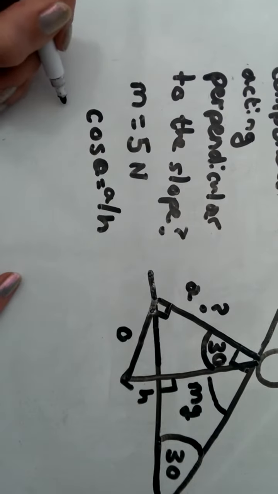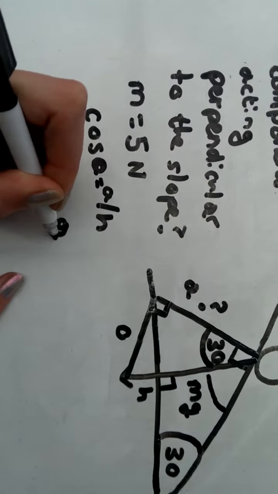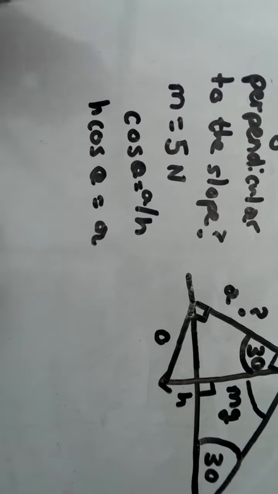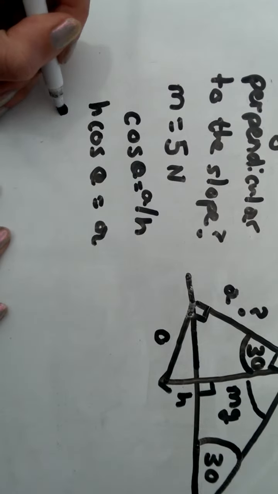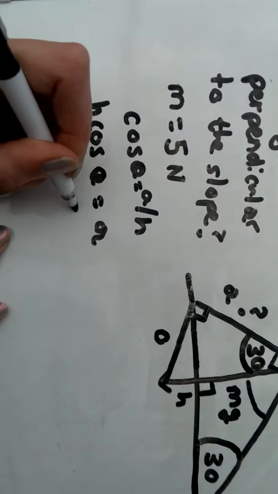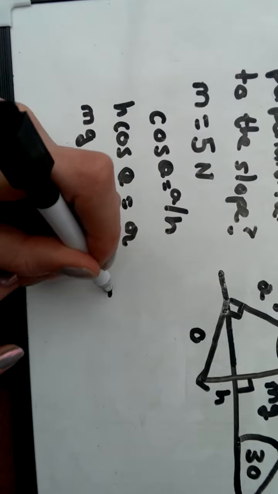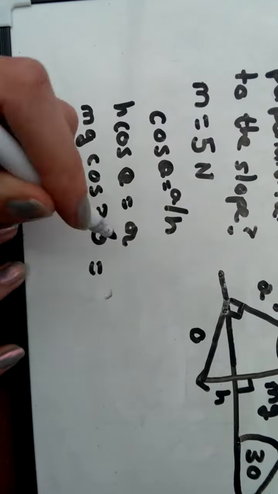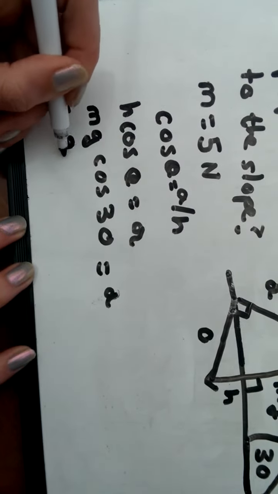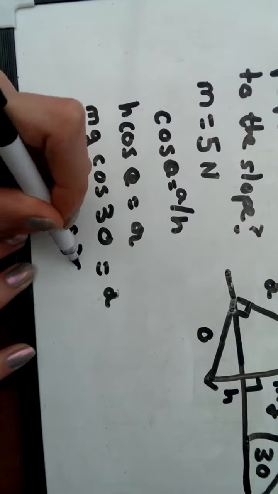So we can rearrange: H cos theta equals A, which is our component perpendicular to the slope. Then we can sub in mg cos 30, and mg is going to be our mass, which is 5, times acceleration due to gravity, which is 9.81, times cos 30.